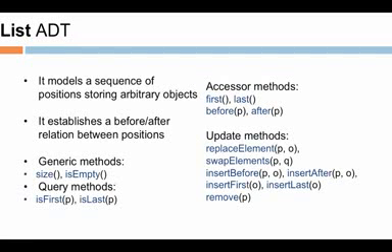Now let's move on and get more specific and look at the list abstract data type. We will study the list data type and implement the list data structure in the next lecture.